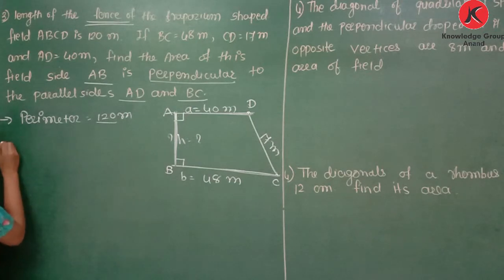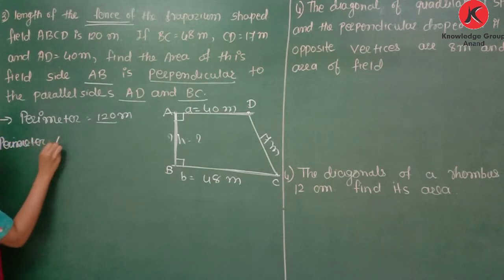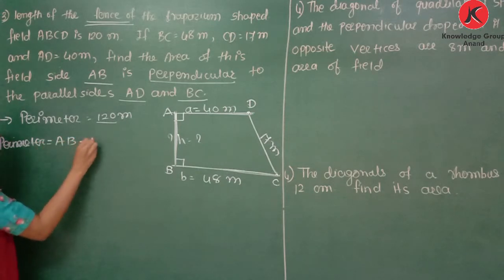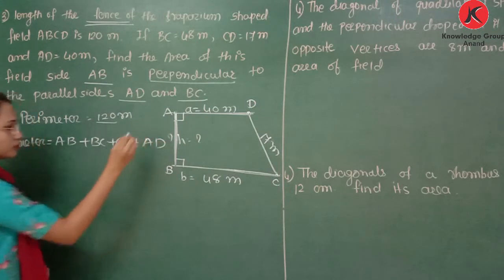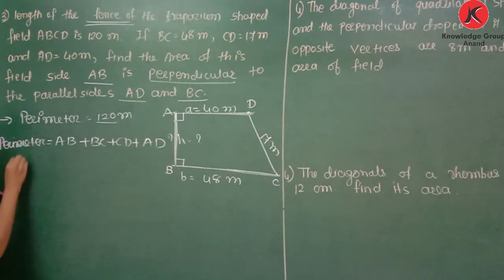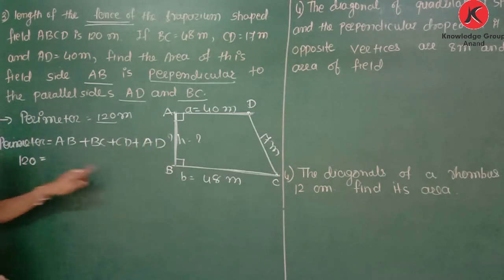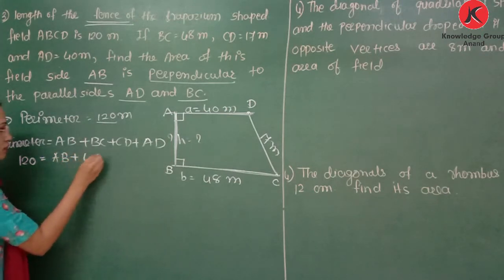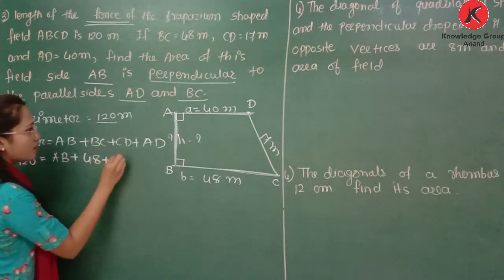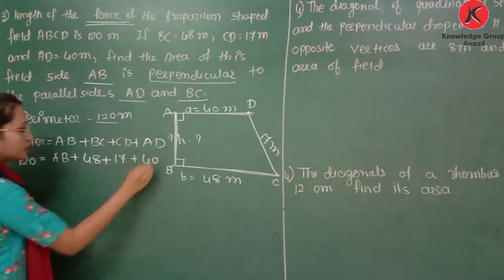So the perimeter is given. That is AB plus BC plus CD plus AD. So the perimeter is 120. AB is not given, that we need to find. BC is given 48, CD is given 17 and AD is given 40.